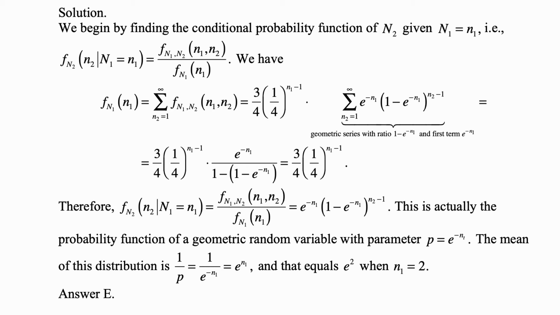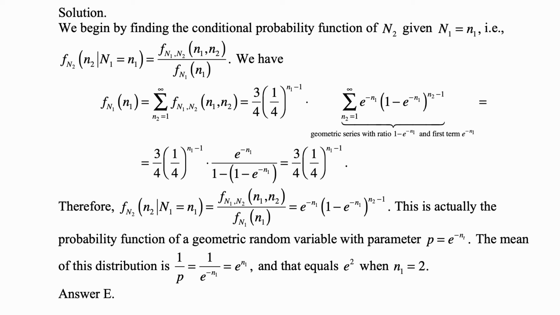This is actually a sum of a geometric series with ratio 1 minus e to the minus N1 and first term e to the minus N1, which is equal to e to the minus N1 over 1 minus the ratio, that is, 1 minus 1 plus e to the minus N1. Well, look at that. That's actually e to the minus N1 over e to the minus N1, so it cancels out. And what we get is 3/4 times 1/4 to the power N1 minus 1. That's the marginal probability function of N1.